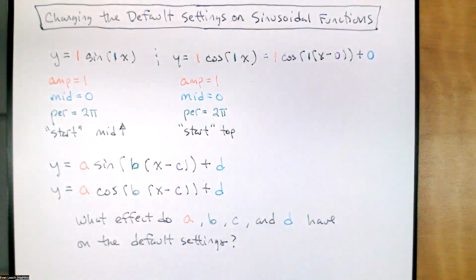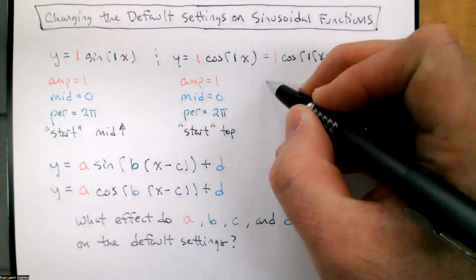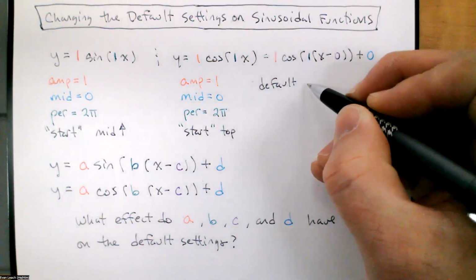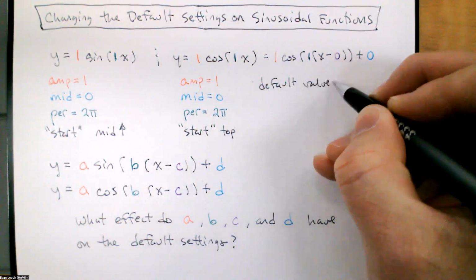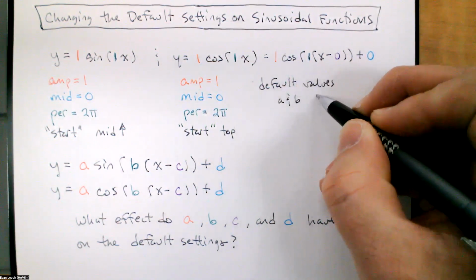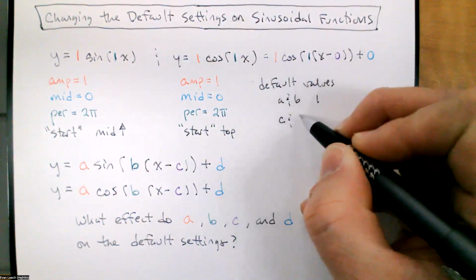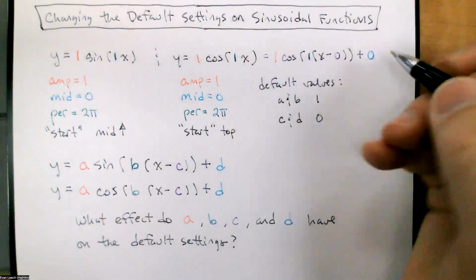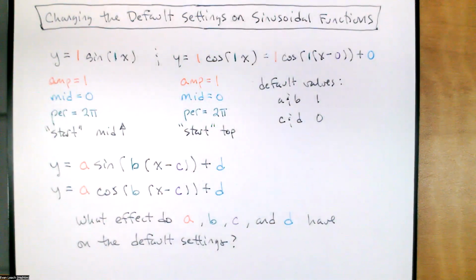The default for C and D is 0. So your default values, A and B are 1, C and D are 0. That's why we didn't see them when we were drawing our base model graph, entry-level graph.